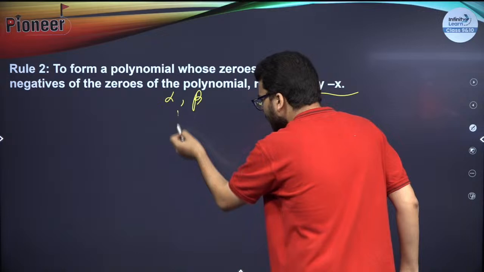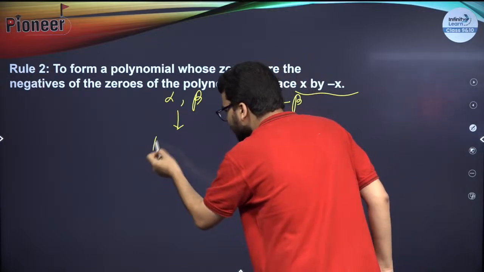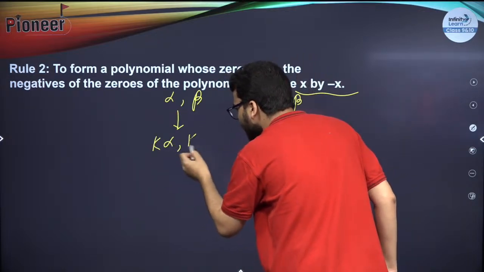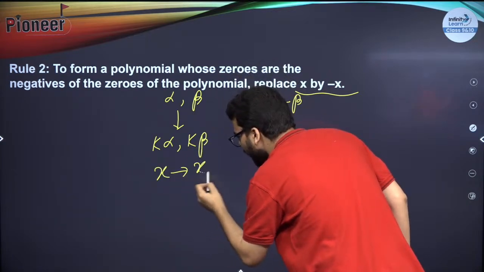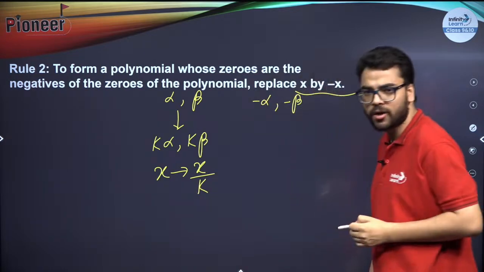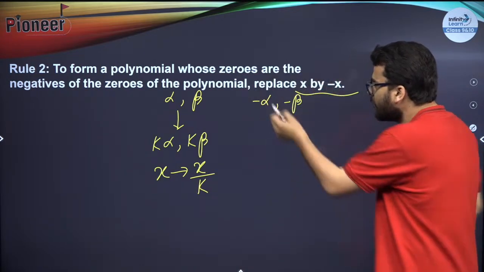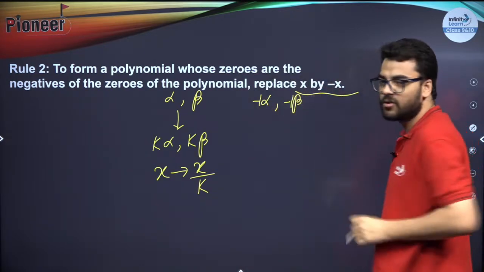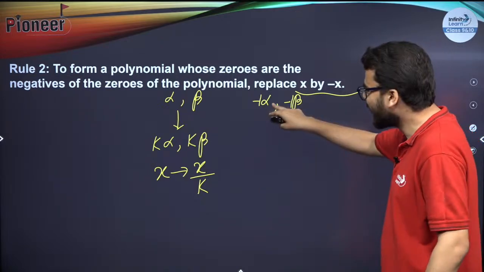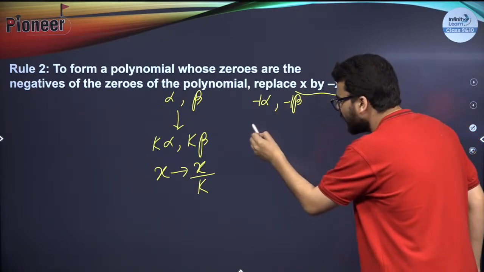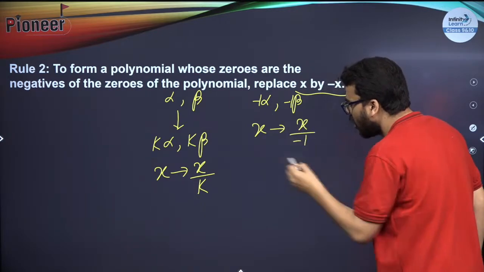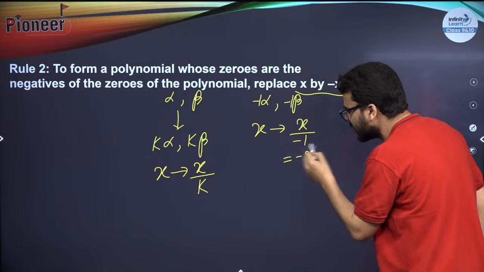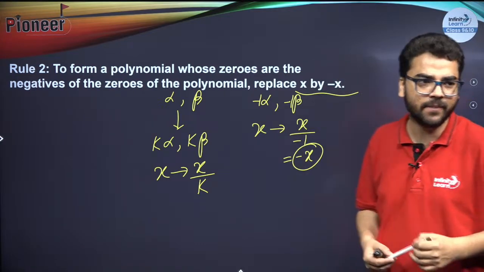See, if alpha and beta are converting to k alpha and k beta, what you were doing, x you are converting to x by k, correct or not? You just think that in place of k, minus 1 is there. You got that logic or not? In place of k, minus 1 is there. So x will convert to what? X will convert to x by minus 1, or you can say it is nothing but minus x. You got that logic or not? It is as simple as that.